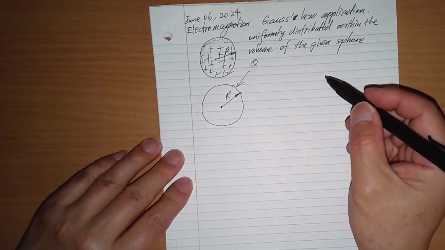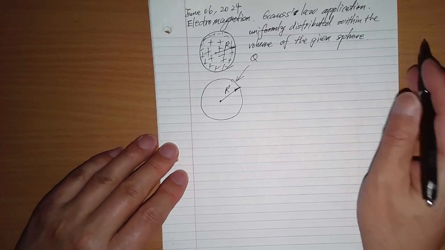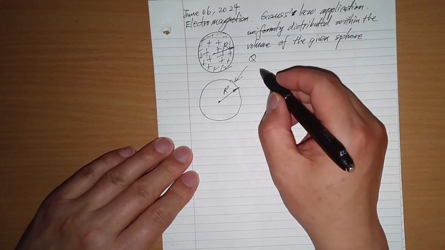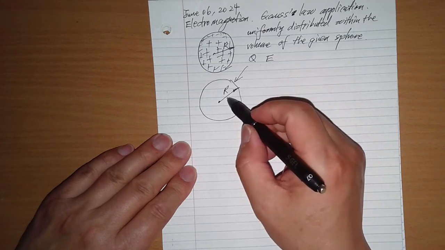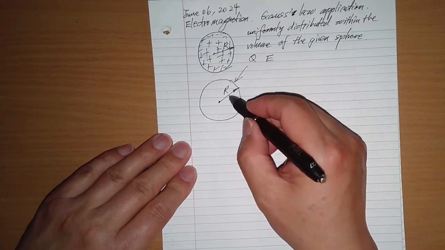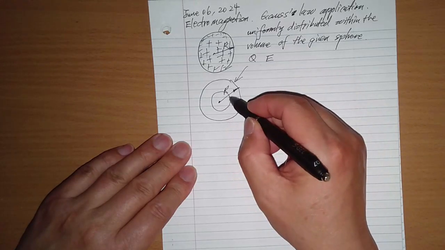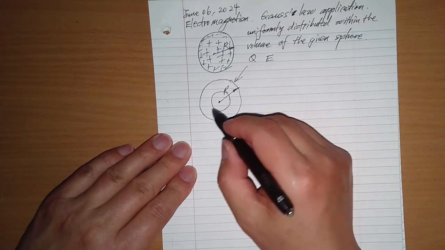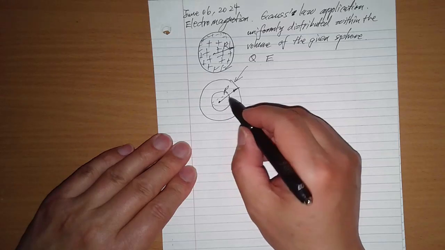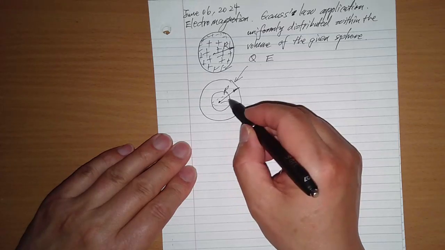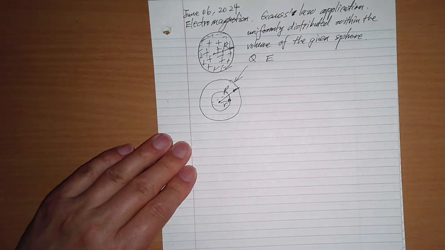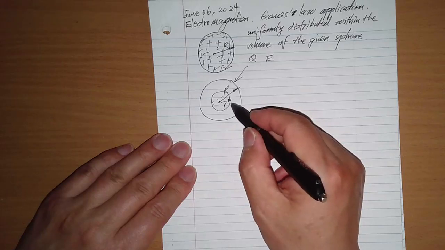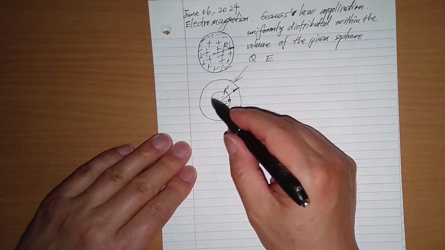Then we want to find the electric field E anywhere, which means if we draw a Gaussian surface, which is something like that, with radius of little r, we want to see what the electric field is around this surface, right?